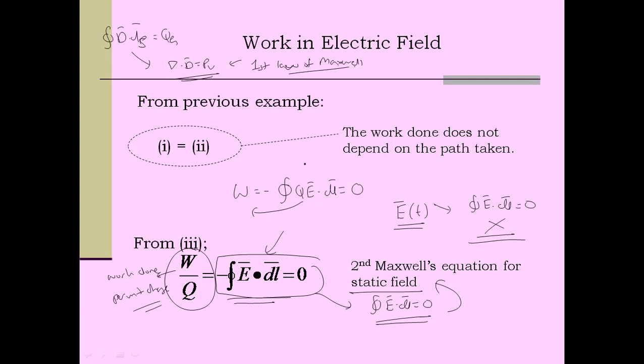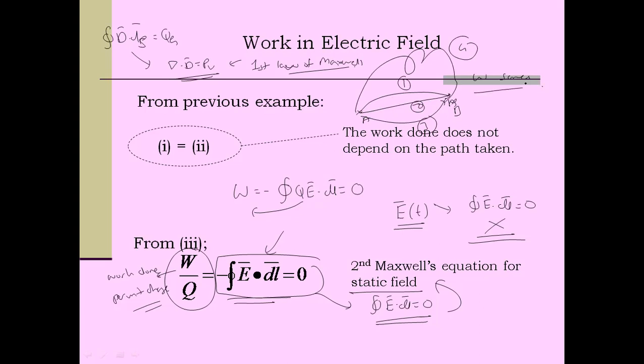These are the important things that we have defined from the examples previously. The first one is the work done does not depend on the path taken, which means that if you have a point A and B, and you choose path number 1, path number 2, path number 3, or path number 4, as long as you have the same initial point and the same endpoint, the total work will be the same.